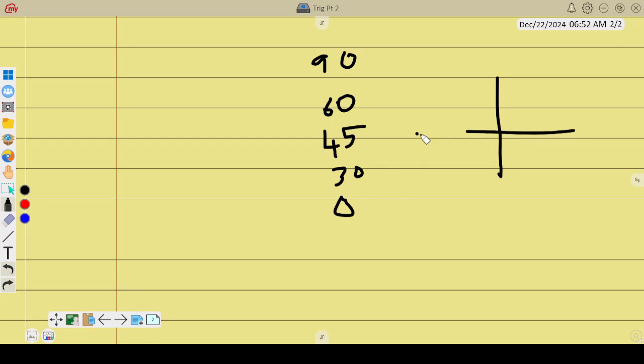That's why you find 60, 45, 30, and also 90. So in here, all the values were positive. But what if an angle is somewhere here? What if an angle is somewhere there? What if an angle is somewhere there? That will be the focus now.